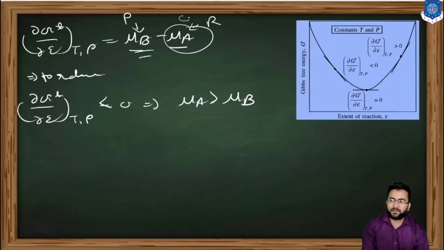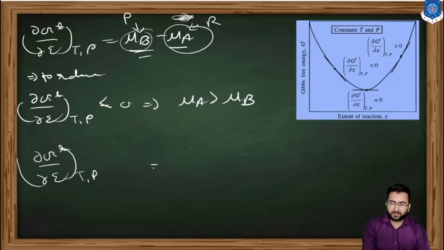If mu A is higher than mu B, then del Gt upon del epsilon will be less than 0. If at constant temperature and pressure mu A is less than mu B, then del Gt upon del epsilon will be greater than 0.